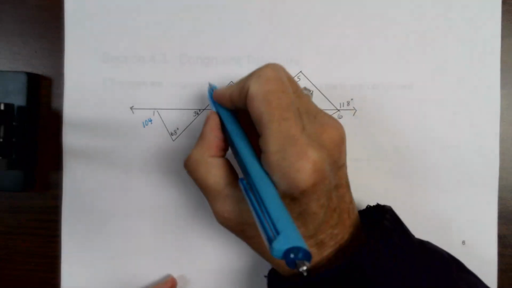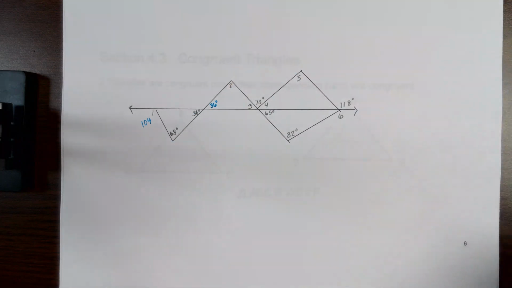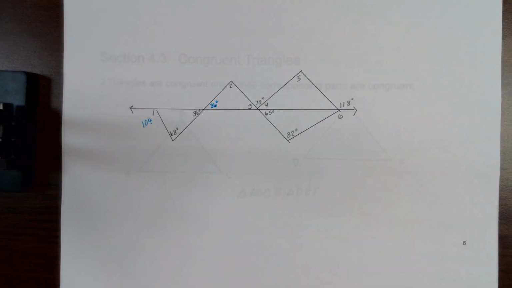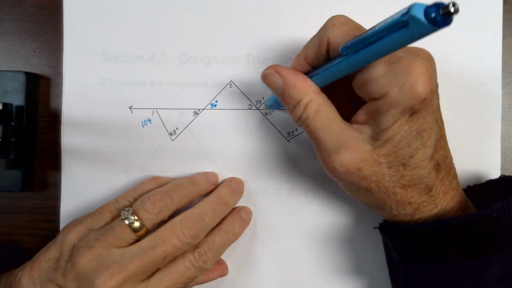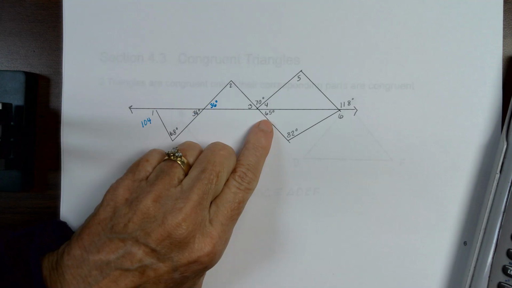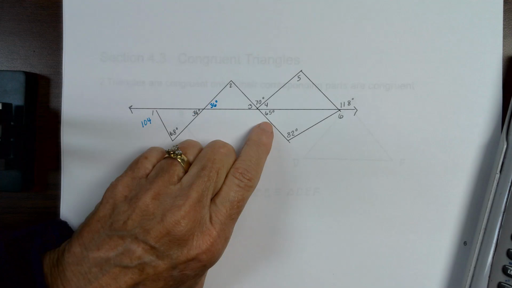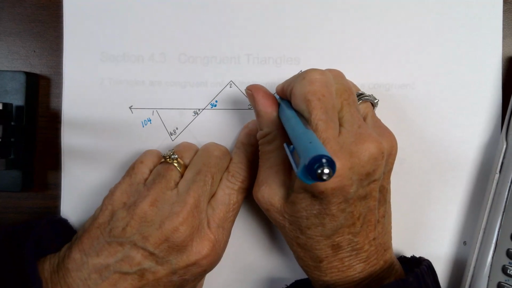So I also know that if that's 36, this is 36, and I can see that these three form a straight line, so I can figure out what 4 is by taking 180 minus 70 minus 65, and that's going to give me 4 is 45.